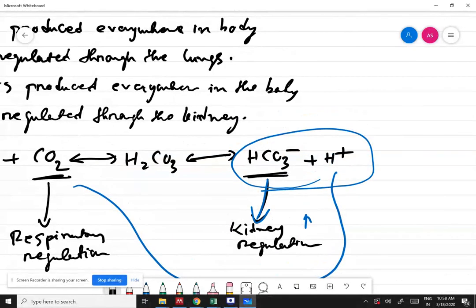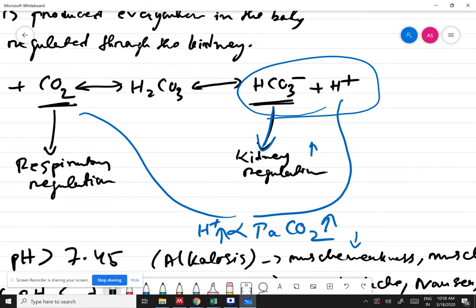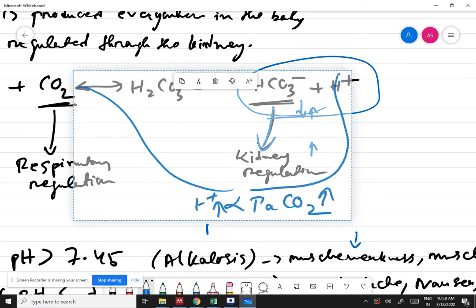The kidney can take down the HCO3 minus, and the acidity of the blood will increase, or it can stop removing HCO3 minus, and then the blood will start becoming more alkaline.